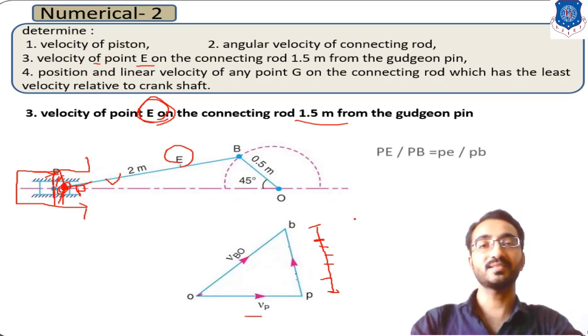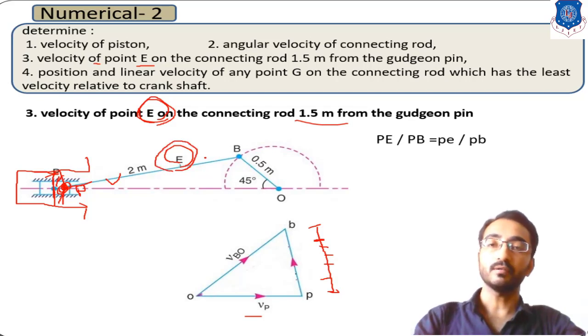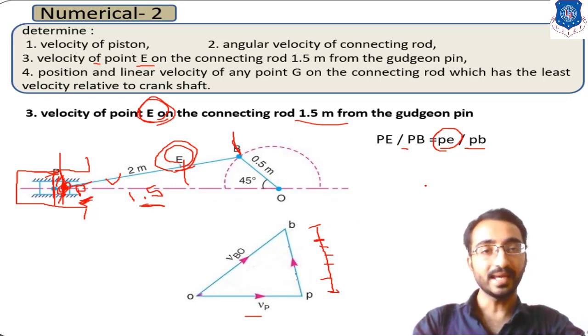In a previous session, while learning the motion of a link, we learned that the ratio of the length of any point on a rigid link from its end points will be the same as the ratio of that point on the velocity diagram with the end points. So here the length PE, which is 1.5 meter in actual dimension, divided by the length PB, will be the same as the corresponding ratio on the velocity diagram.